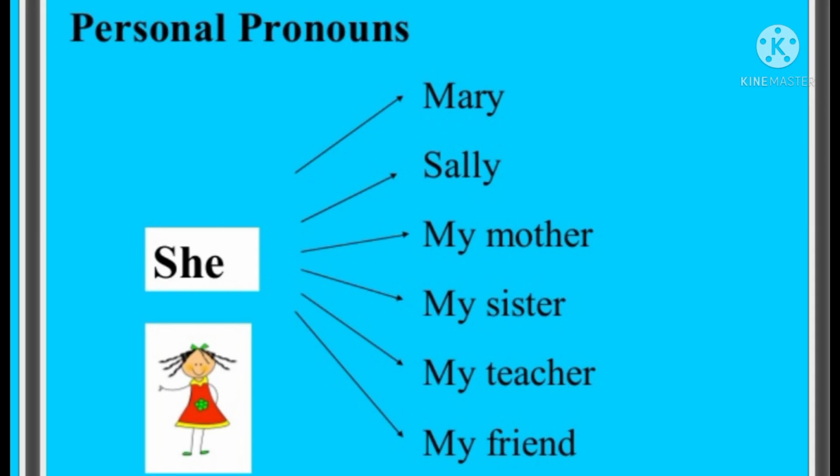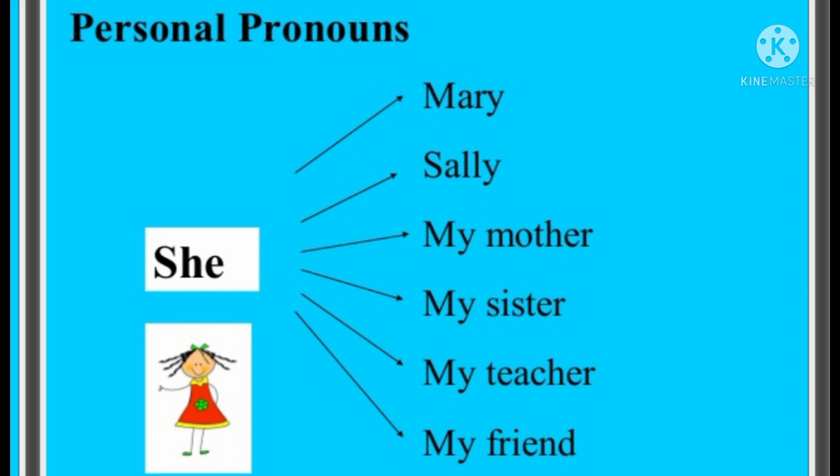Look at this picture. Here many names are given, and instead of all these names, common nouns or proper nouns, we can use she as a pronoun. For example, Mary, Sally, my mother, my sister, my teacher, my friend. Instead of all these, we can use a single word that is called she.